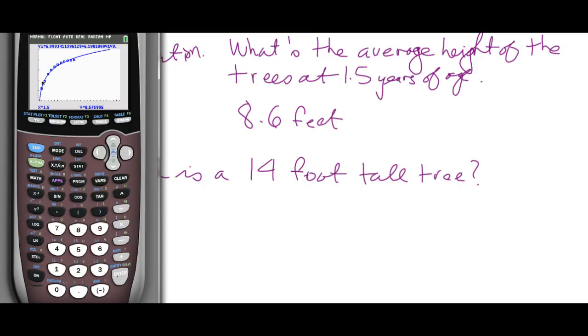So we have to go to y equals and do what? Set it to 14, right? I want to know what's the x value when y is 14. So we graph that, and yeah, you're right, exactly. We do the intersect, okay?